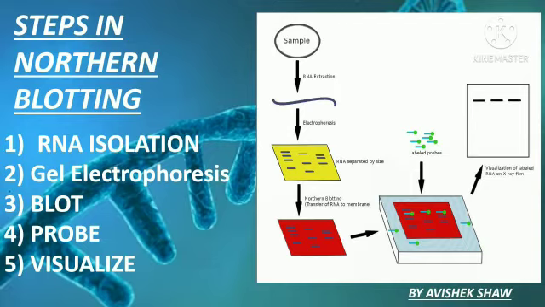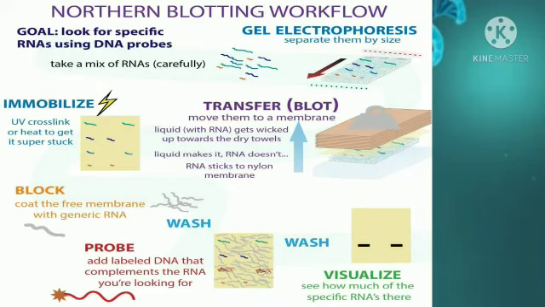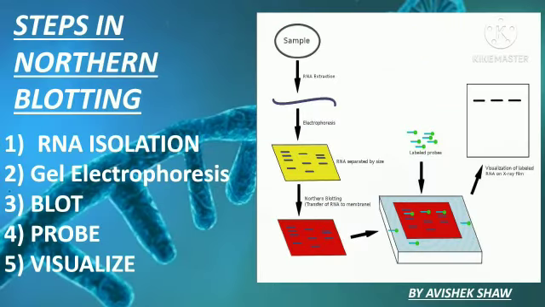Now, if our RNA molecule is present, it will bind, and as radioactivity has been given, or fluorescent molecules also can be given, we will know whether the RNA was present or not. Via this process, we can complete the northern blotting technique.